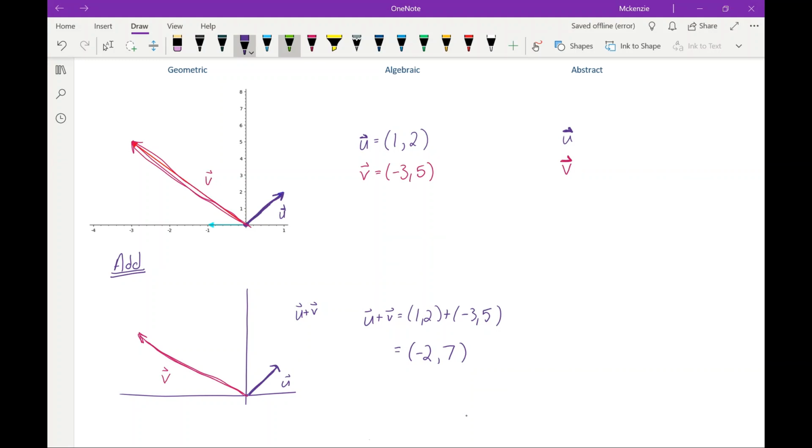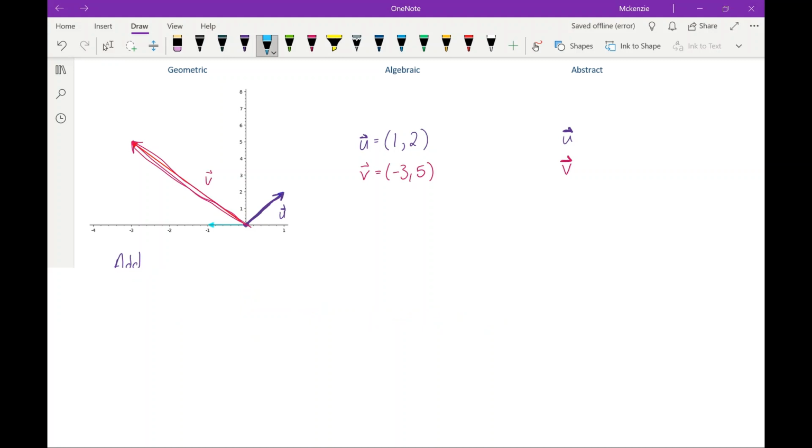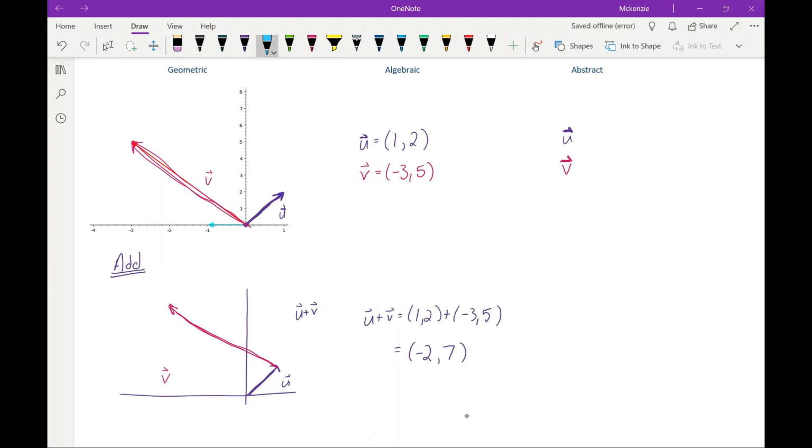So how do we do this geometrically? Well, let's get a little bit fancy here. What we want to do is take our v vector and shift it like this so that its tail is at the tip of u. We're going to call this tail to tip. And then the sum of them would be the vector we get by pointing where v's tip ends.